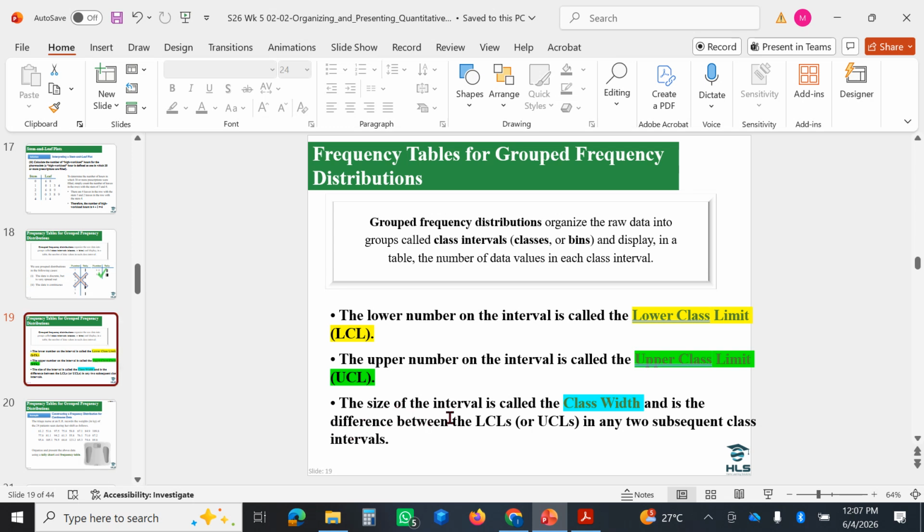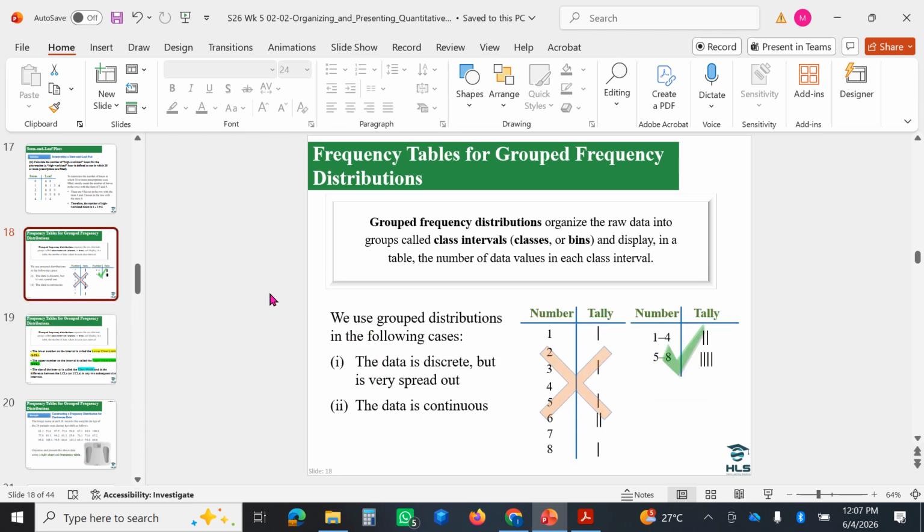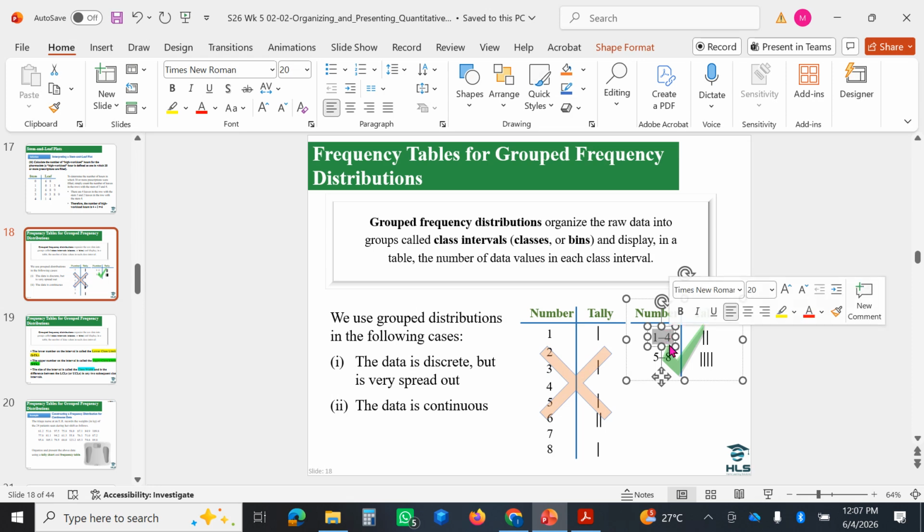The size of the interval is called the class width and is the difference between the LCL of any two subsequent classes. So your class width there is 5 minus 1, which is 4. And that makes sense, right? Because your class width is 1, 2, 3, and 4.